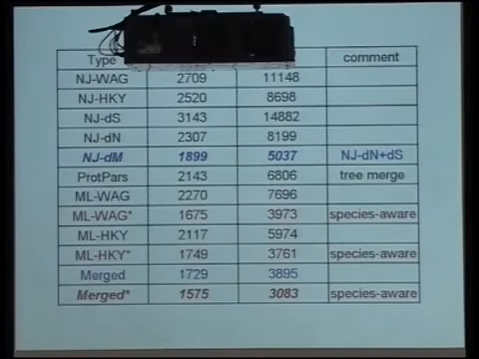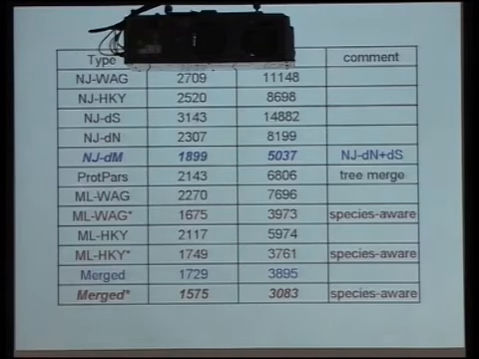The last slide shows the type of tree and number of duplication, number of losses, the neighbor joining from the WAG model, and so on. The black ones are the conventional method. That is, you can use the existing software to build these trees.